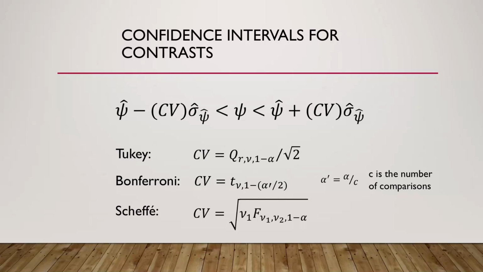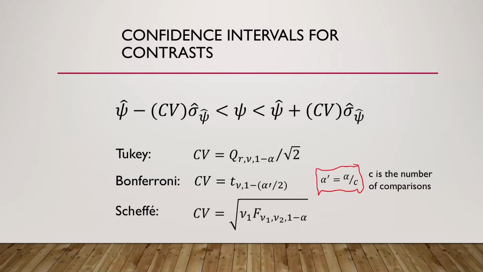What's happening here, it's not real magical, it's pretty straightforward, is that we're taking our type 1 error rate of alpha, let's say it's 0.05, and we're dividing it by the number of comparisons we're going to do. So if we're going to do 3 different comparisons, we divide alpha by 3. Well, what does that do?